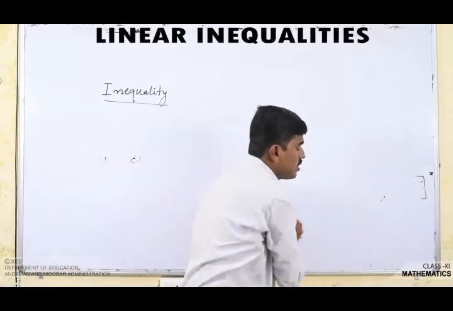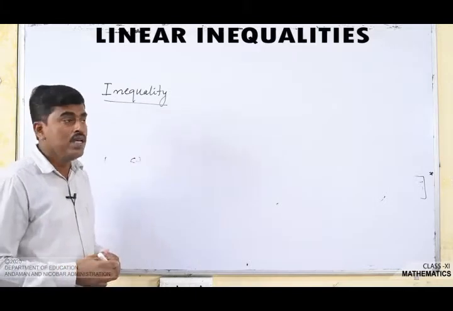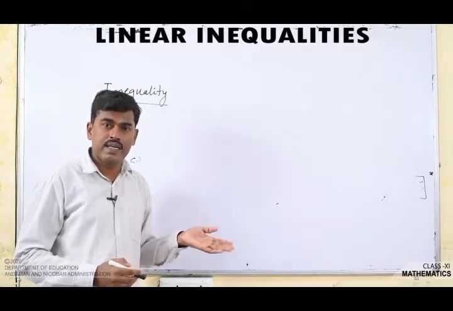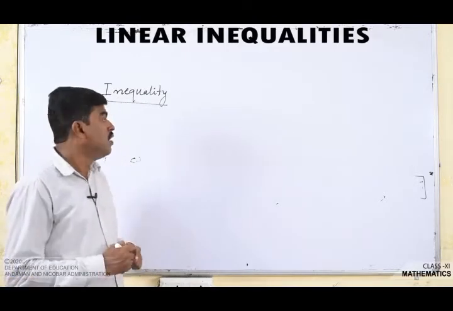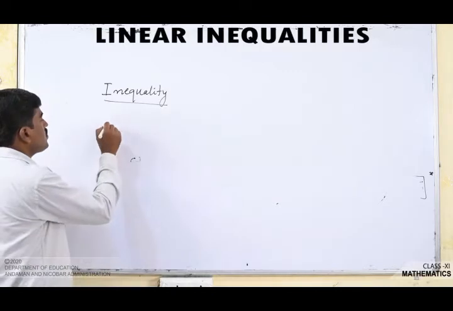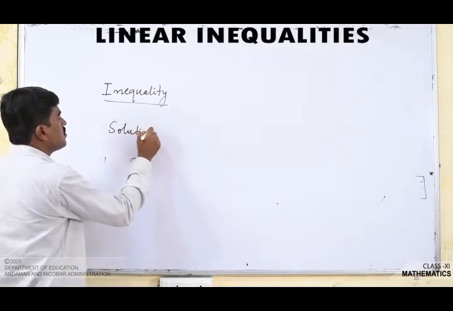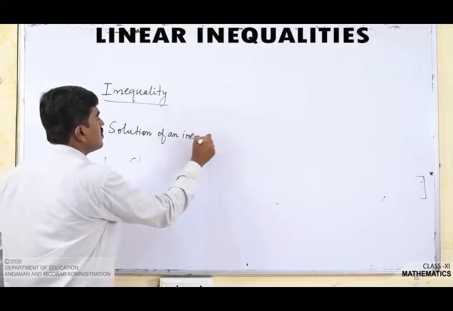An inequality is formed by using numbers and variables involving the signs less than, greater than, less than or equal to, greater than or equal to. Okay. Now, we will see what is meant by solution of an inequality.